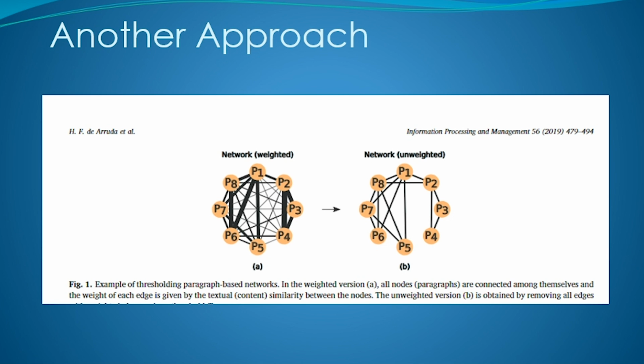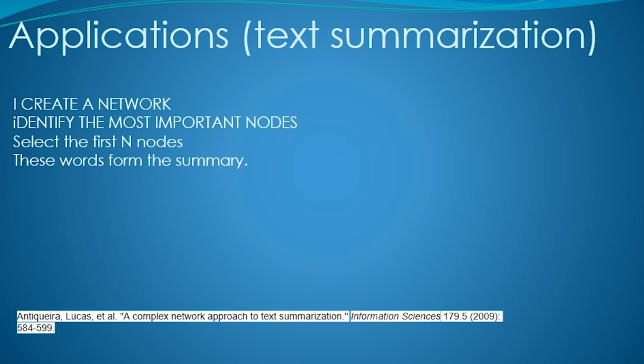One application in language is text summarization. And what is text summarization? Given a text, automatically create a summary. Is somebody working on text summarization? You have a text and you want the most important points, you give the summary.